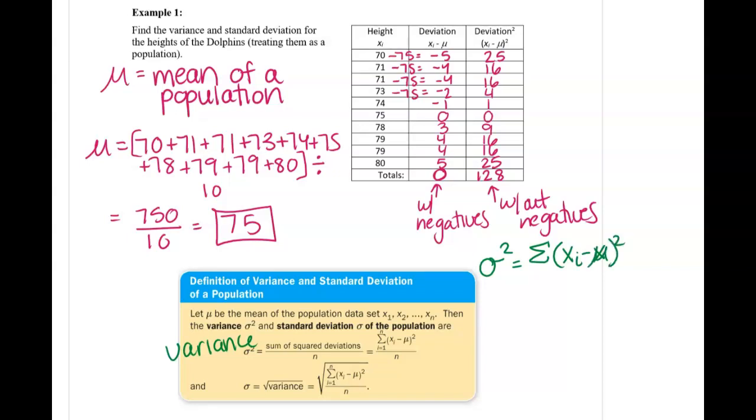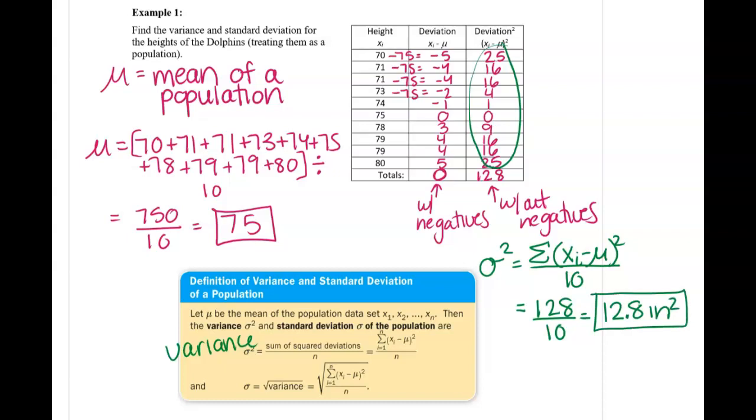Sorry, that should have been a mu. Okay? That just means add up all these squared differences, which we did, divided by our number, so divided by 10, because that's how many we have. We added all those up, we got 128. Divide by our 10, we get 12.8. And since our units are inches, because our height was in inches, we get 12.8 inches squared.